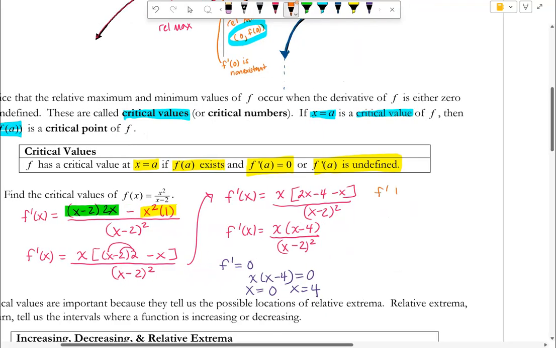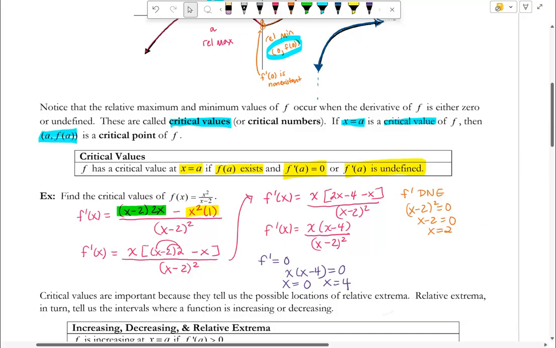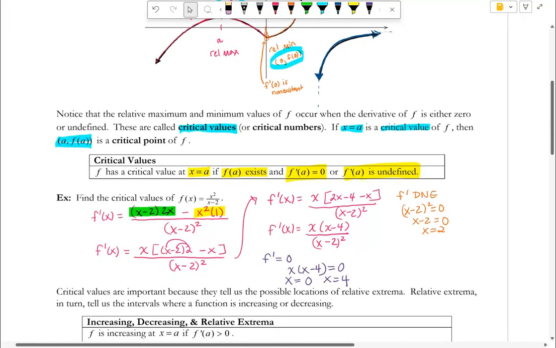So I know f prime is undefined, I'm going to write DNE for does not exist, when my denominator is 0. So if x minus 2 squared is 0, well, that's where x minus 2 is 0, and that's at x equals 2.